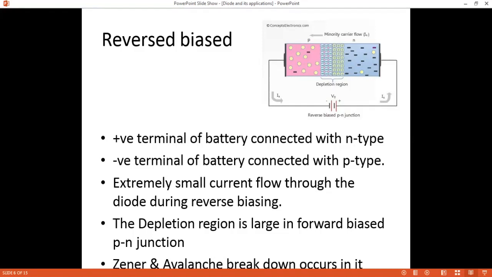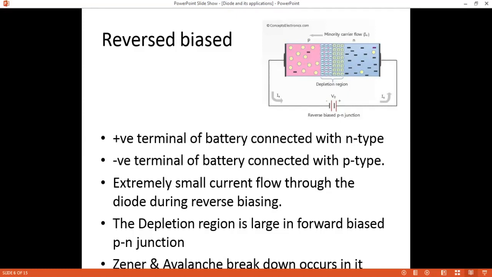An extremely small current flows through the diode during the reverse biasing. There is no current flowing in the reverse bias direction. Why? Because the depletion region is large, the width is very large, so there is no current in the reverse bias direction.